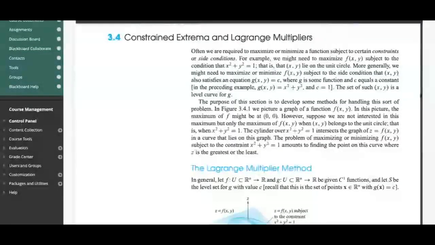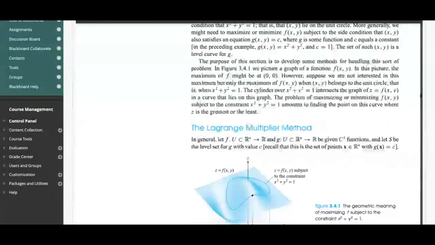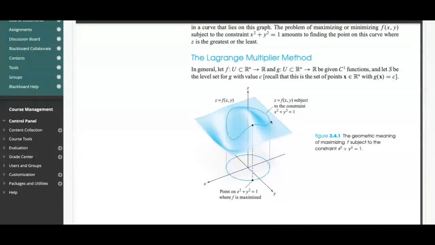Okay, constrained extrema and the Lagrange multiplier. What does constraint mean? Look at this picture, right? So we have this cylinder, then somehow it intersects with this surface. You see, these two objects intersect at some points. So the intersection points are their common domain.